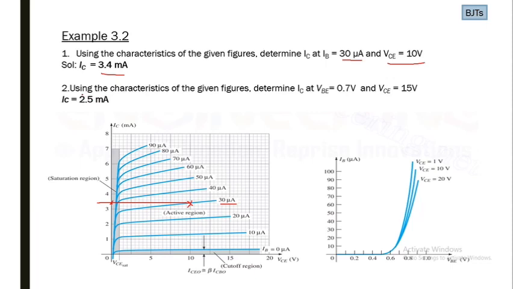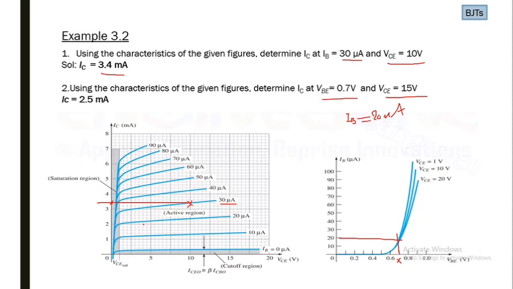Now the second question is: using characteristics of given figures, determine IC at VBE equal to 0.7 volt and VCE equal to 15 volt. Now VBE equal to 0.7 is here at the input characteristics. So at 0.7, IB is approximately equal to 20 microampere.